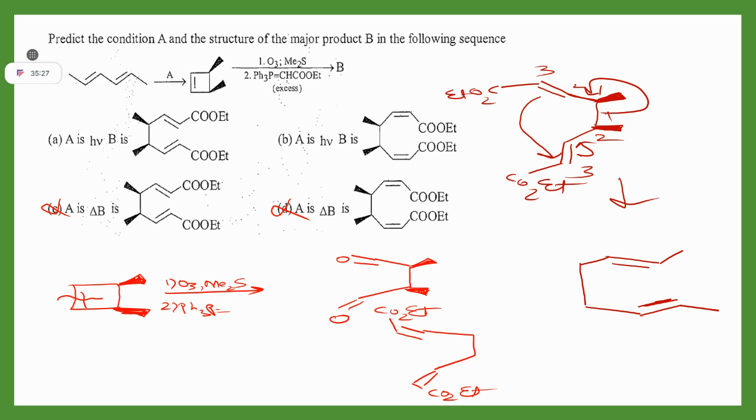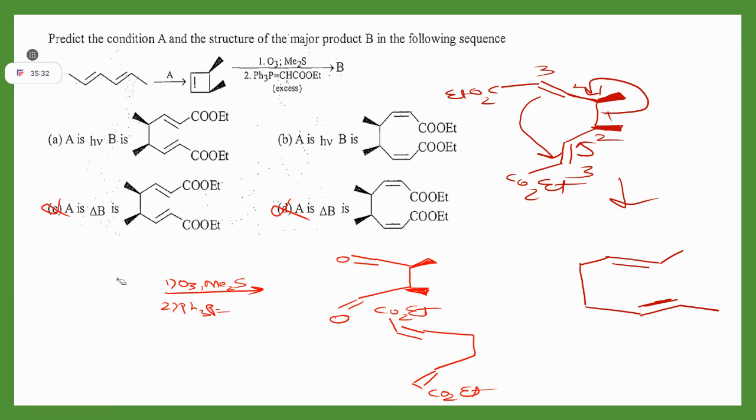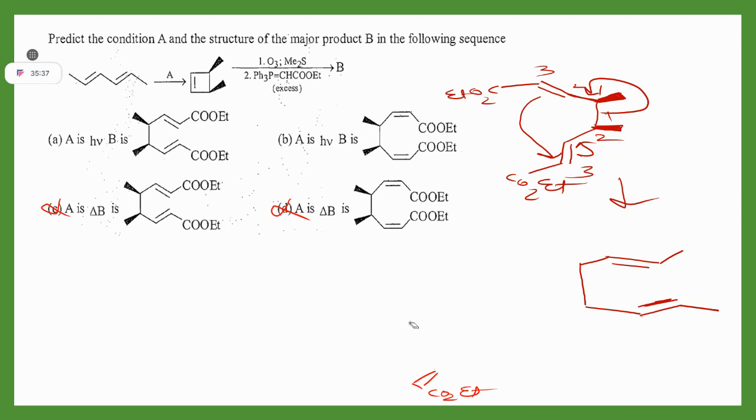This you can get to know from your chair structure. So let me draw the chair for you. The best way to figure out stereochemistry of Cope and Claisen is to draw them in chair form. Just simply draw a chair, right?